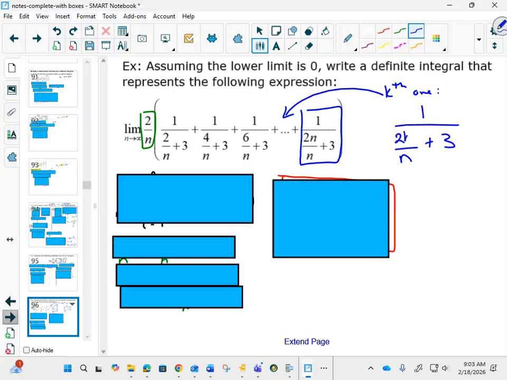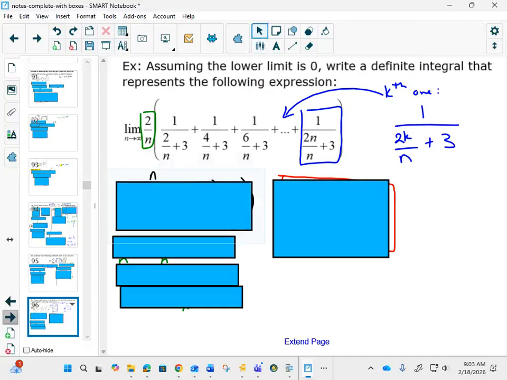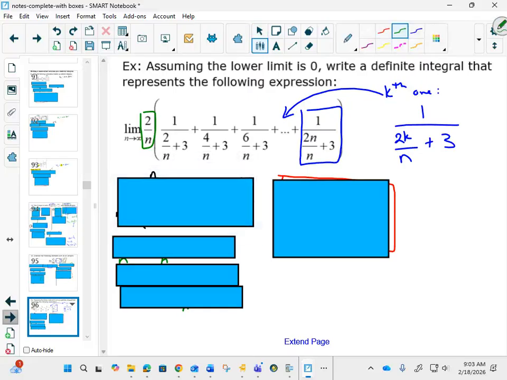Could you believe that the kth one would have 2k? I used I, so I'm going to do a quick erase. You don't have to erase this, but that would be the ith one. I just replaced the k with the I.